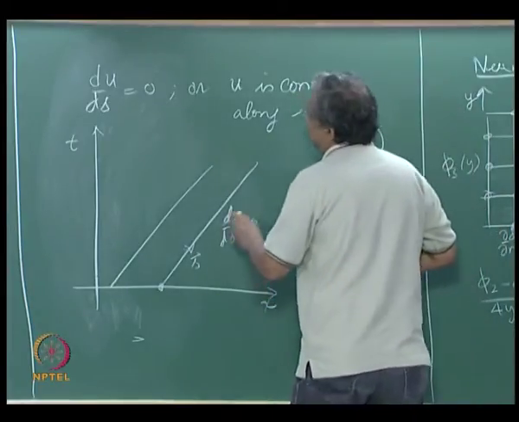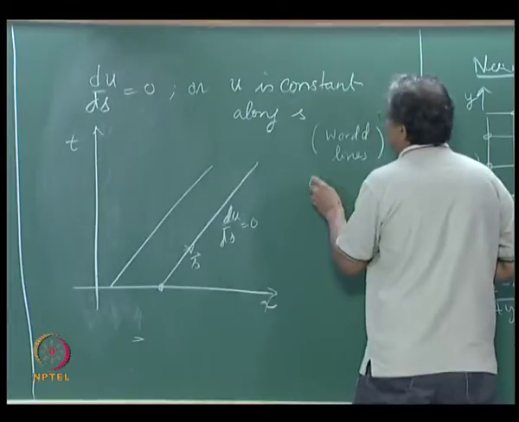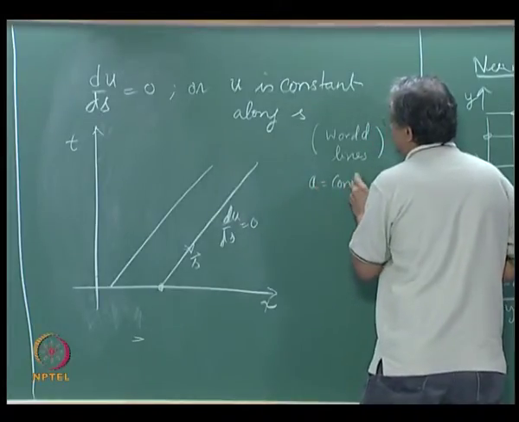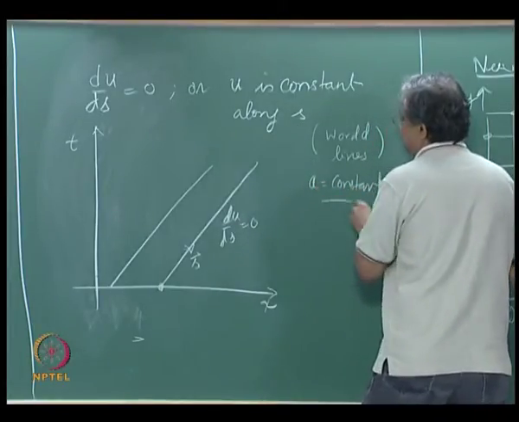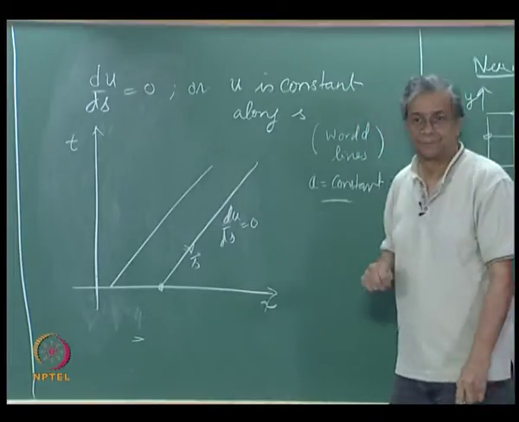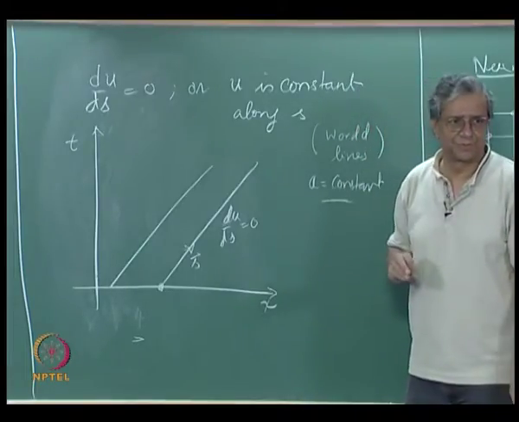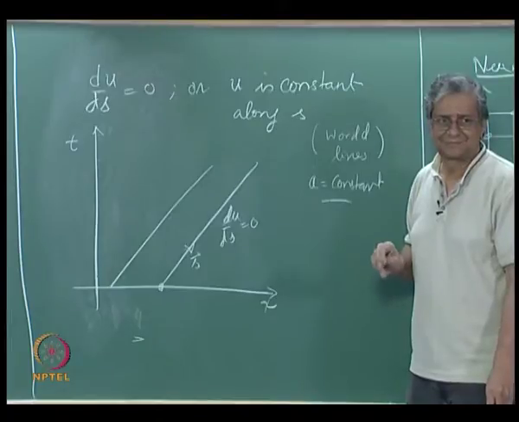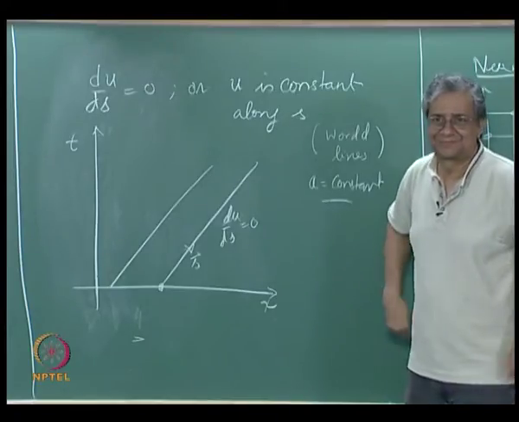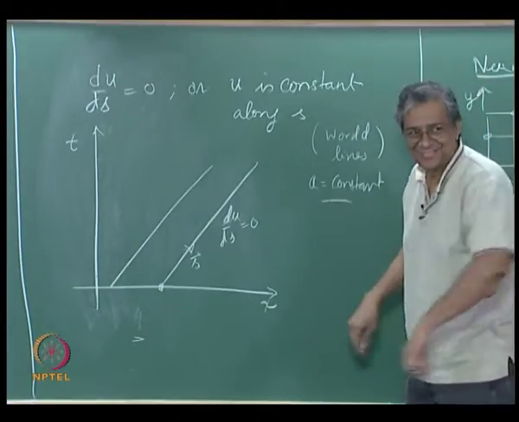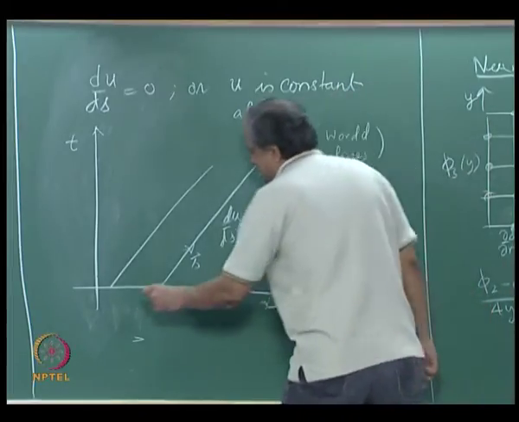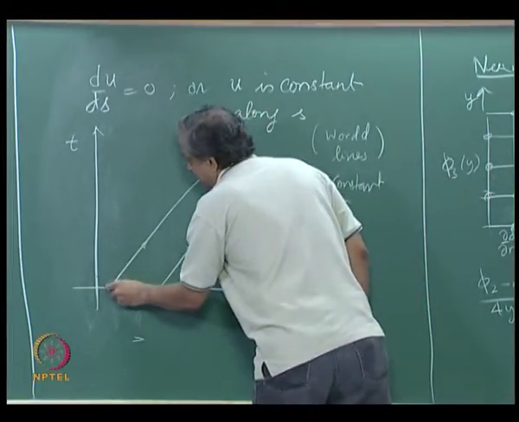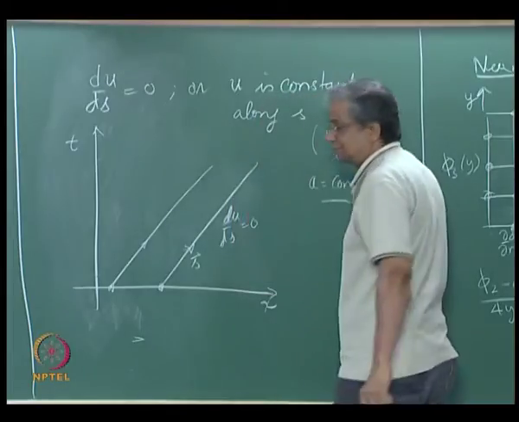So a is a constant. Then you would have a different s, and even along this line u would be a constant.